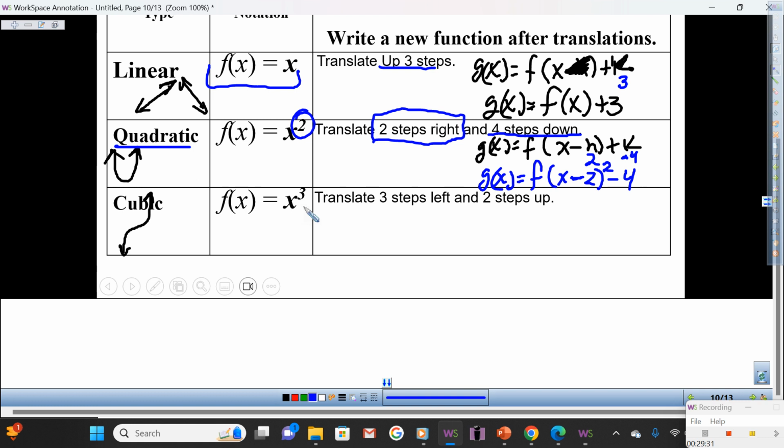So with that said, write me the last one for the cubic. Last one for the cubic.